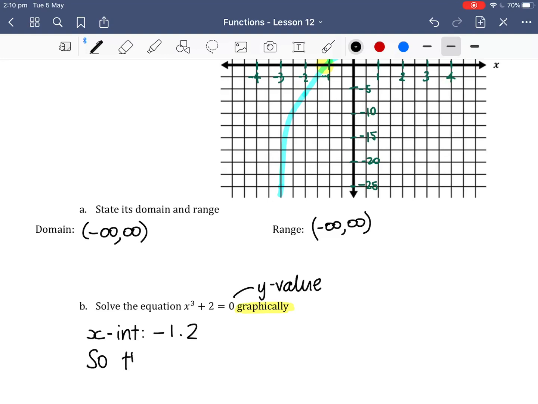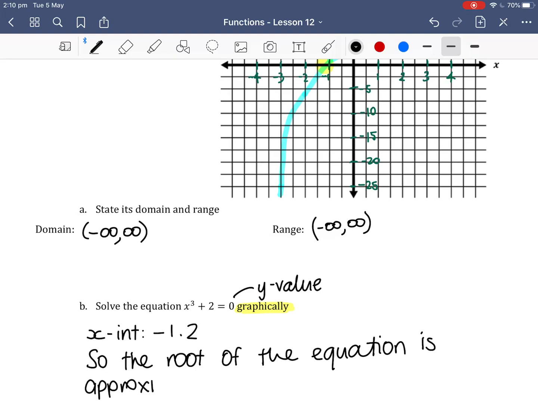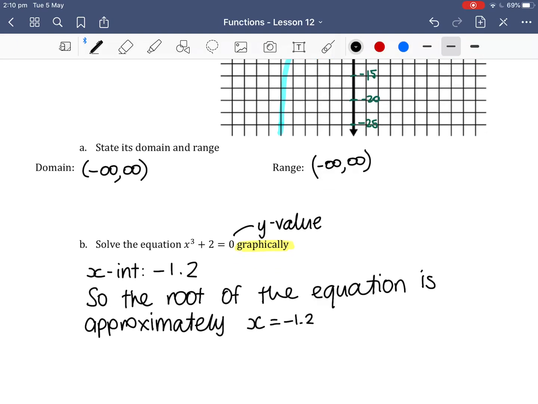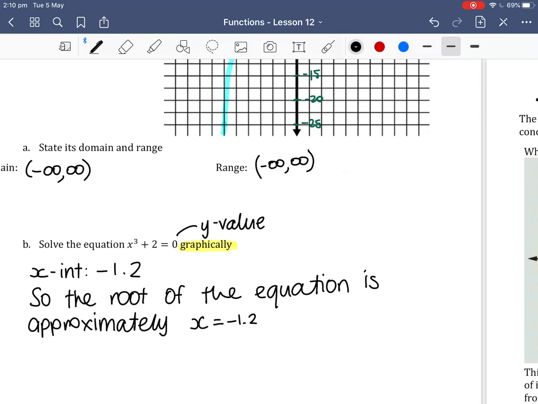So the root of the equation is approximately x equals -1.2. Now, because it says graphically, this may not be correct, but it will be close to what our x value would equal if we were to solve this algebraically.